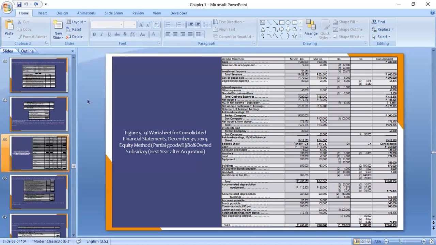At this time, take note of the debits and credits, especially on the investment account. We have the investment account here, which should be eliminated. Investment in Sun initially for 306,675, and we have a debit of 3,300,000.